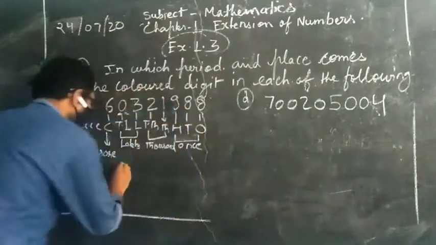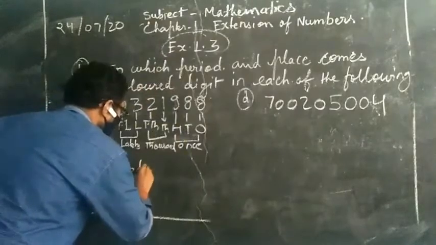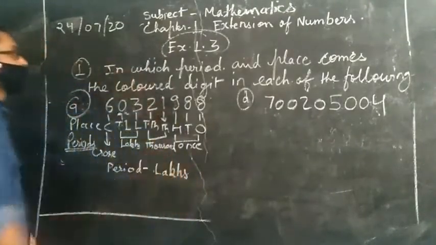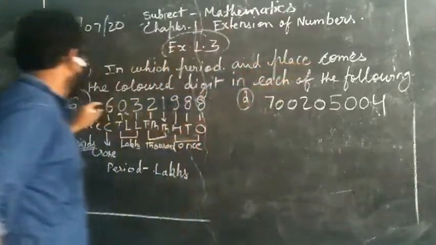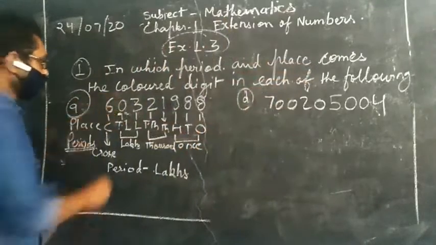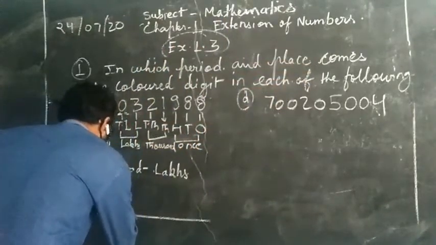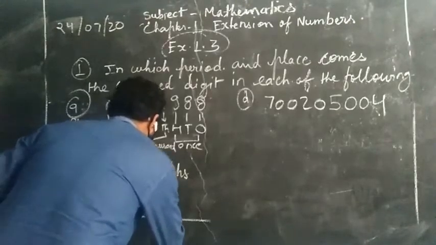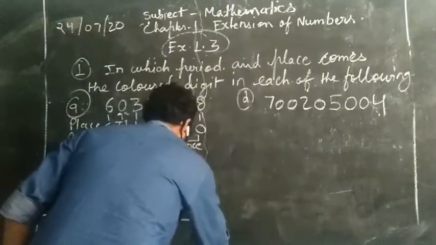So here we can write: period is lakh period. Now, in which place is this digit coming? So 10 lakh. The place is 10 lakh.